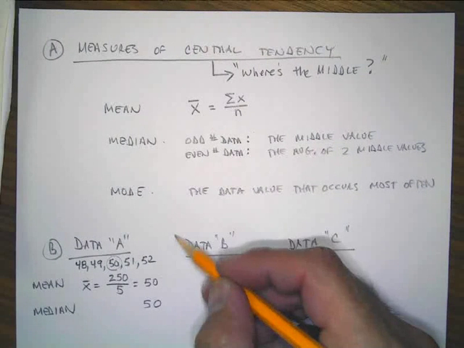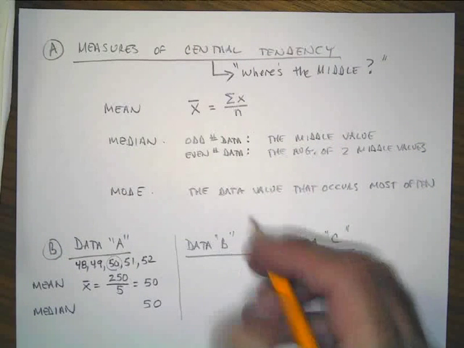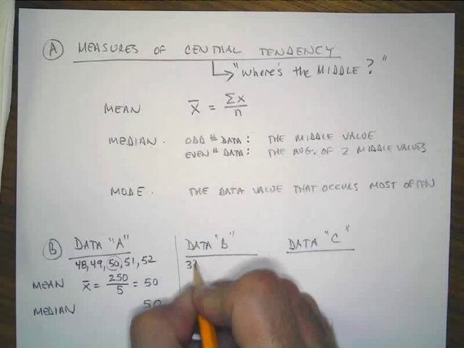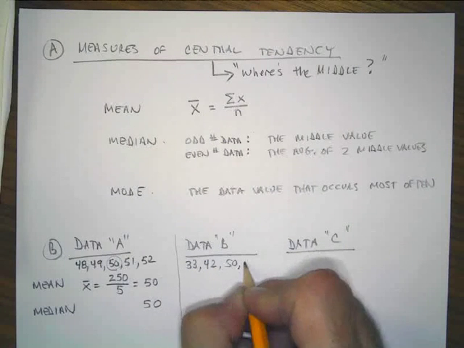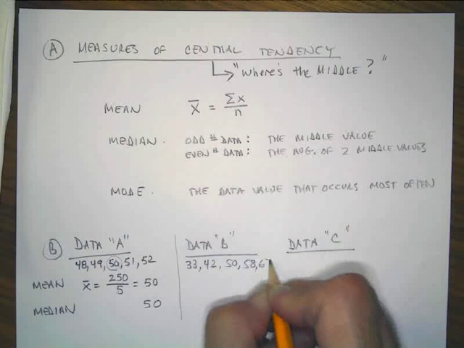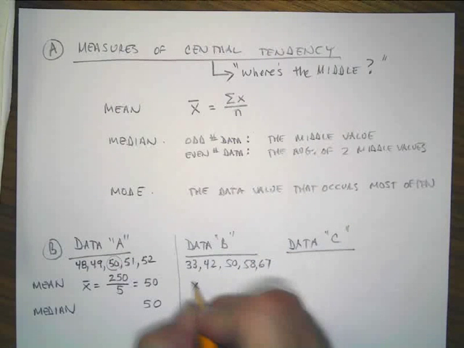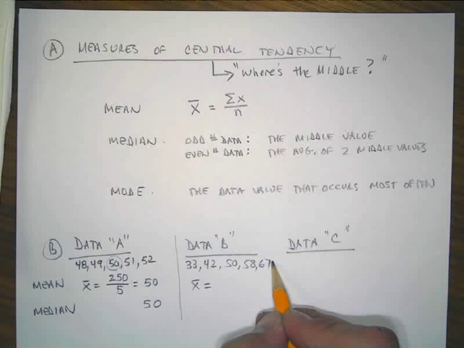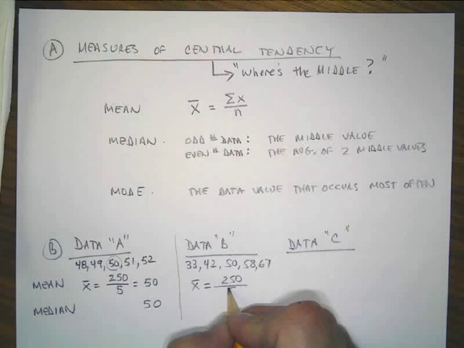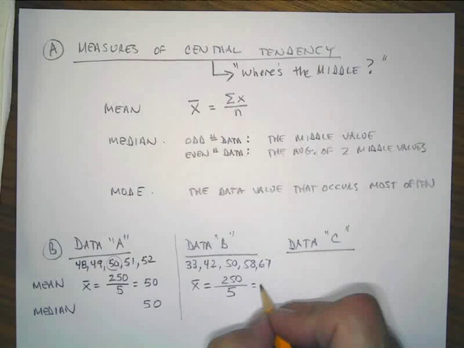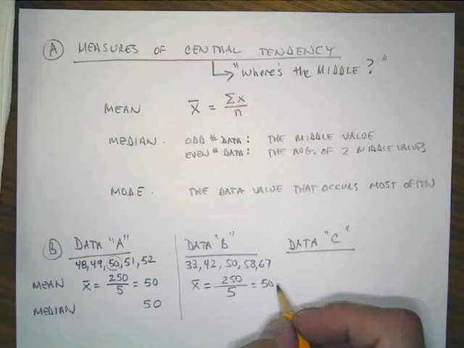For our next data set, data B, the numbers are 33, 42, 50, 58, and 67. To find the mean, you add these values up, comes out to 250. There are 5 values, and so the mean is 50.